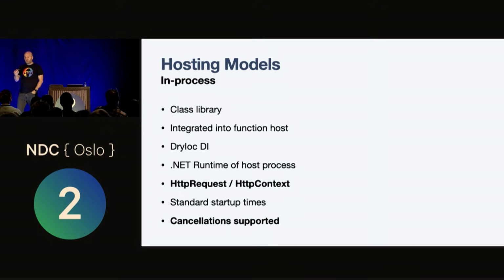But it uses the HTTP request, so you have direct access to the transport. And you also have access to the cancellation tokens, and that means you can cancel long-running requests. This is good for real time.